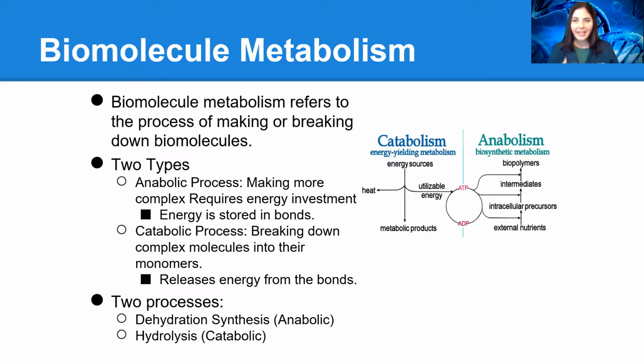That's anabolic, Anna adds. And it does that by using the process of dehydration synthesis, removing water and synthesis, putting things together. And then the opposite of that is catabolic, rawr. Remember, cats scratch things apart, and that uses the process of hydrolysis, hydro, meaning water, and lysis, meaning to split.